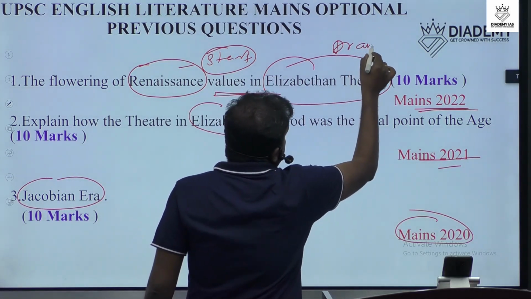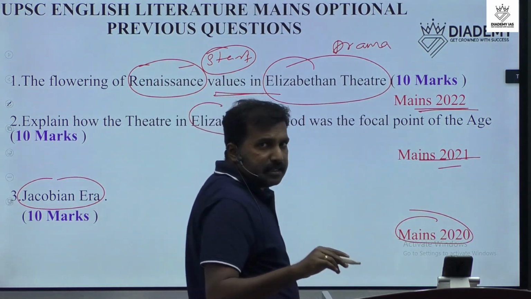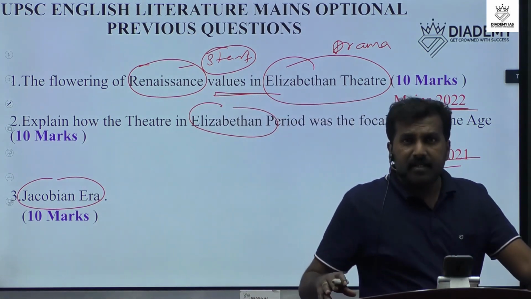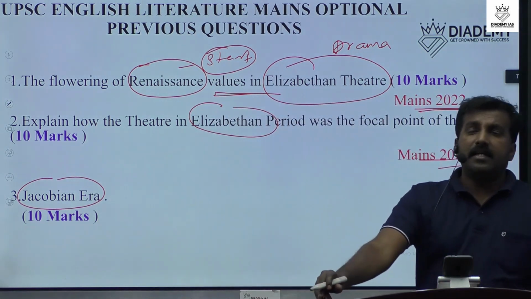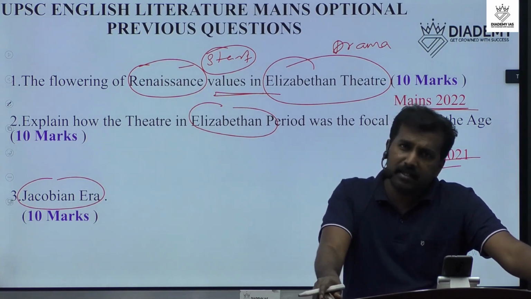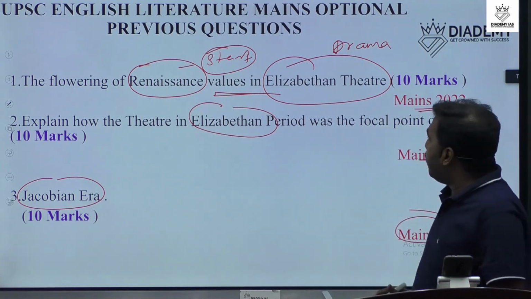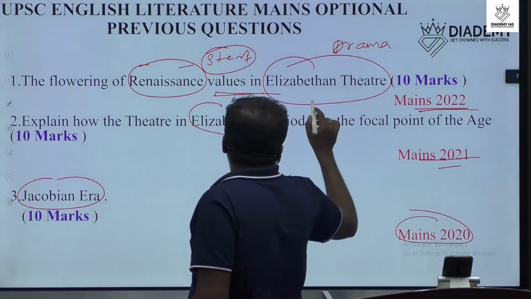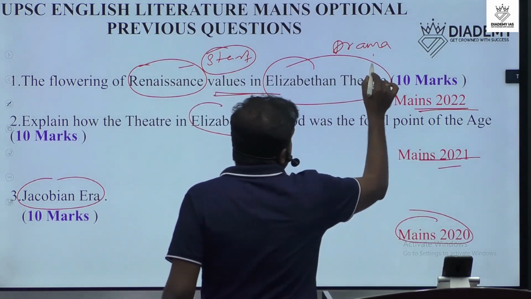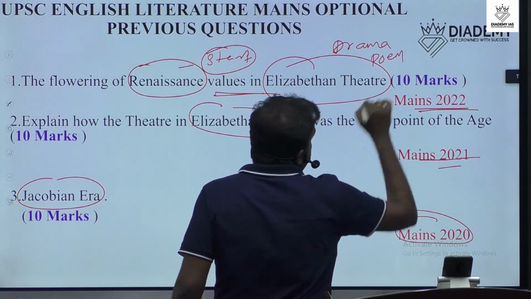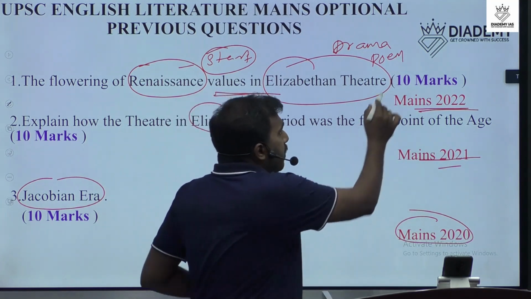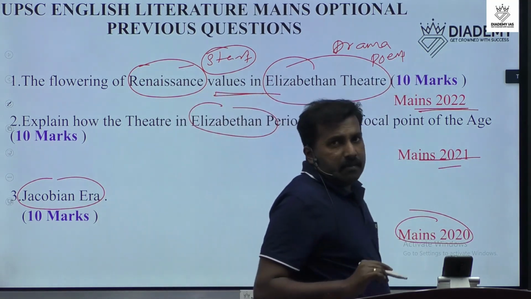We know that the Elizabethan period is considered the period of drama, specifically tragedy, right? At the same time, we already discussed that the Elizabethan period is considered the best period for poems.